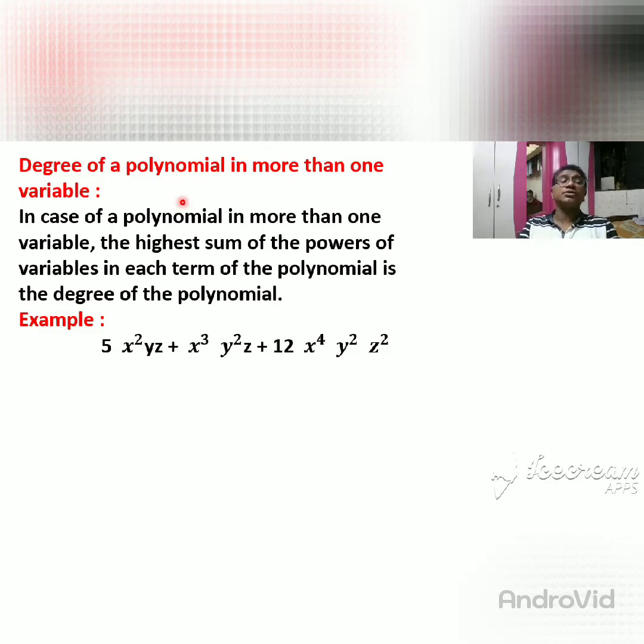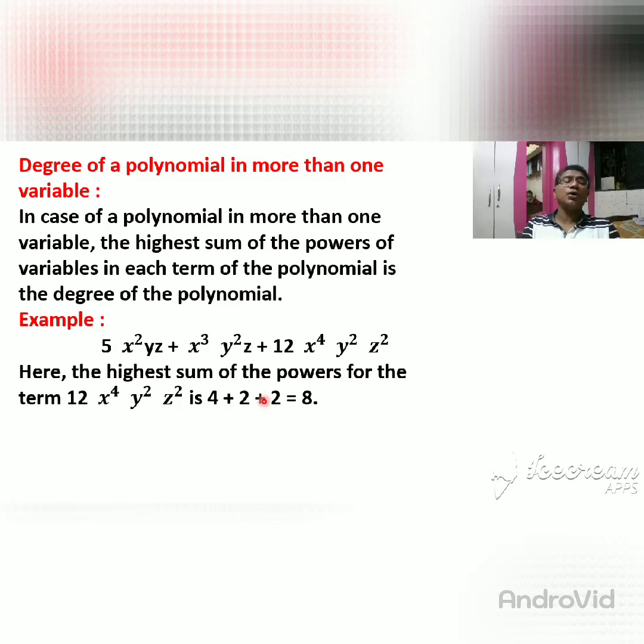For example, just see, this is a bigger polynomial with more than one variable: x, y and z. The x index is 2, y index is 1, z index is 1. So 2 plus 1 is 3, 3 plus 1 is 4, so you get 4. Then 3 plus 2 is 5, 5 plus 1 is 6, here you get 6. Then 4, 4 plus 2 is 6, 6 plus 2 is 8. So 8 is greater, and the degree is 8.